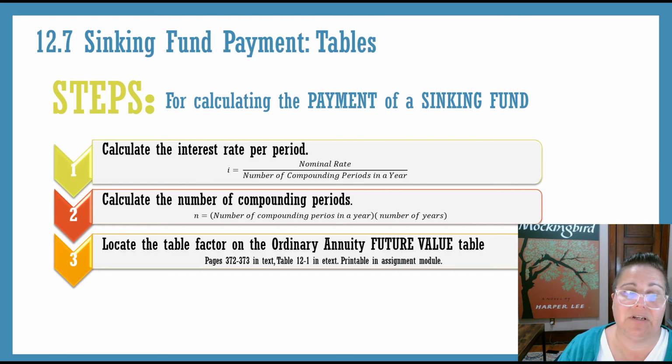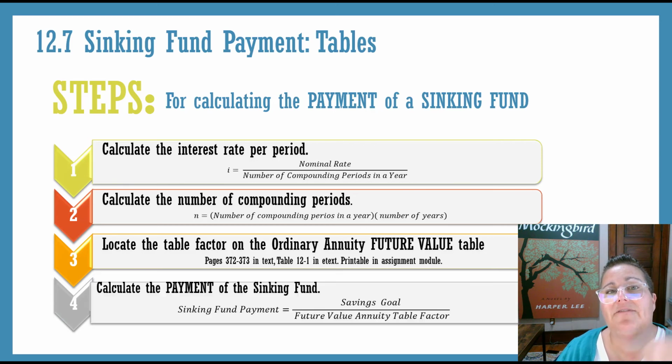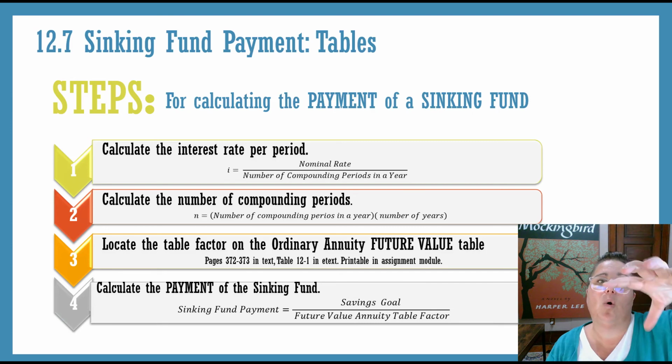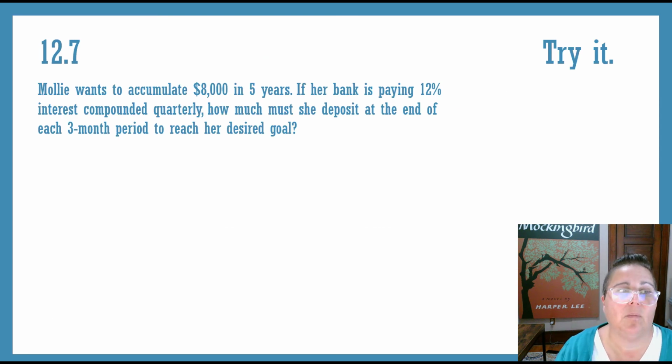Again, that's 372, 373, table 12.1, the future value for a sinking fund. Now, we're not going to multiply. Remember, we're trying to find the payment. Since we're trying to find the payment, we're going to take the goal amount and divide it by that future value table factor.